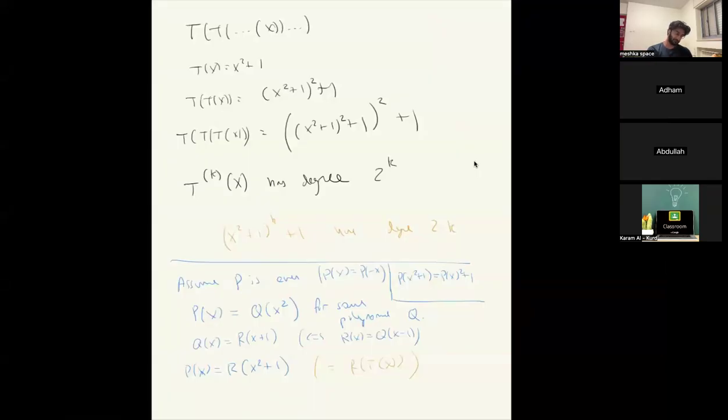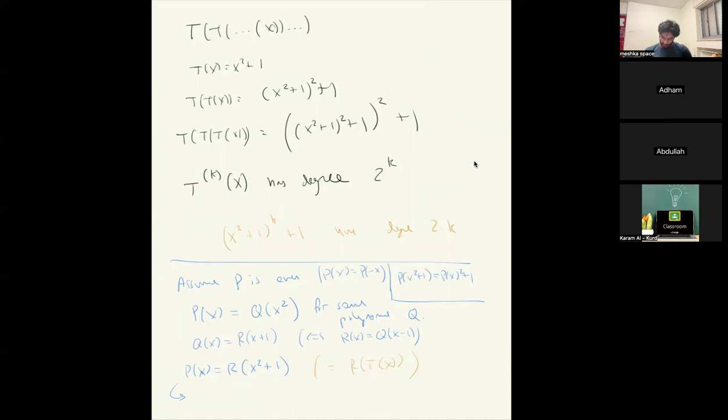So when we plug this into the functional equation, what will we get? Let's use the notation.